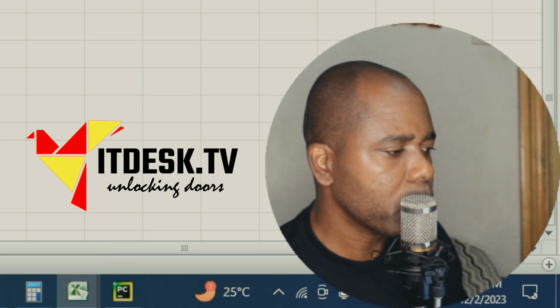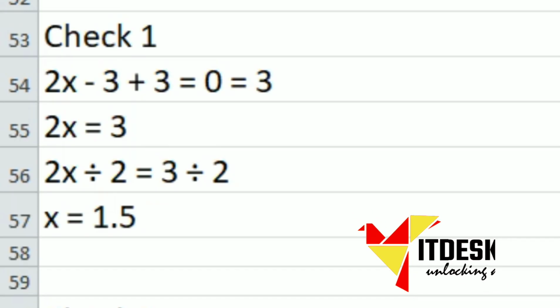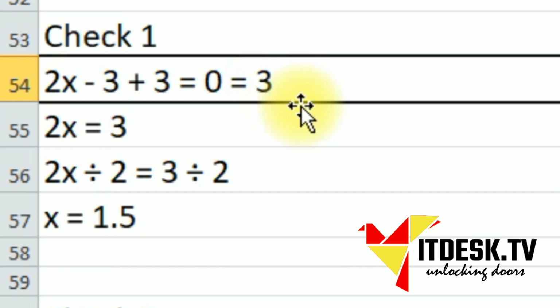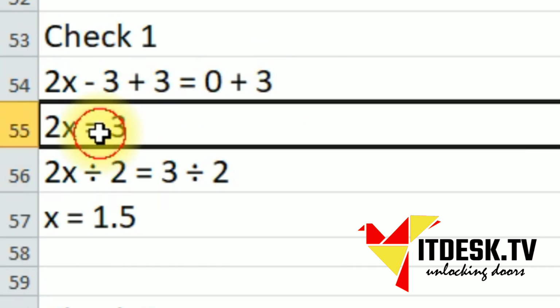So let's go. We do the first one first. The first parentheses, let's solve for that first. So 2x minus 3. And remember that we're trying to solve for x. So we're trying to get rid of the numbers to break it all the way down. So we add a 3 on one side, so we have to add a 3 on the other side. So now it's 2x is equal to 3.